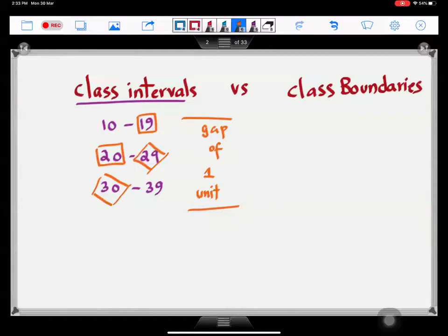That means this is something like, if I draw a number line, this is like 10, 19, and then 20, 29. In a histogram, we draw vertical bars, and those bars are joined as compared to a bar chart. Now, how can I do the join?